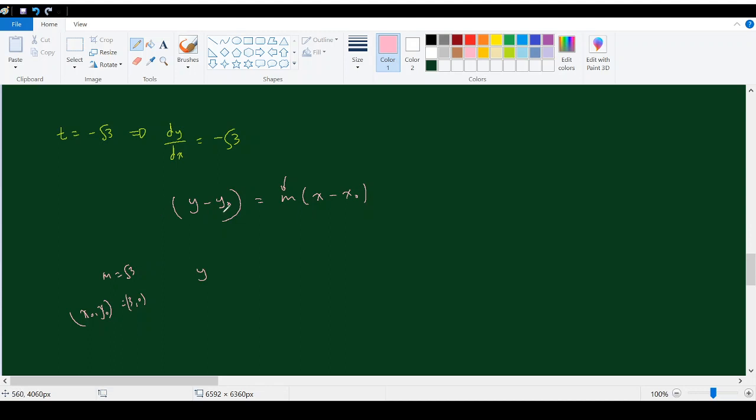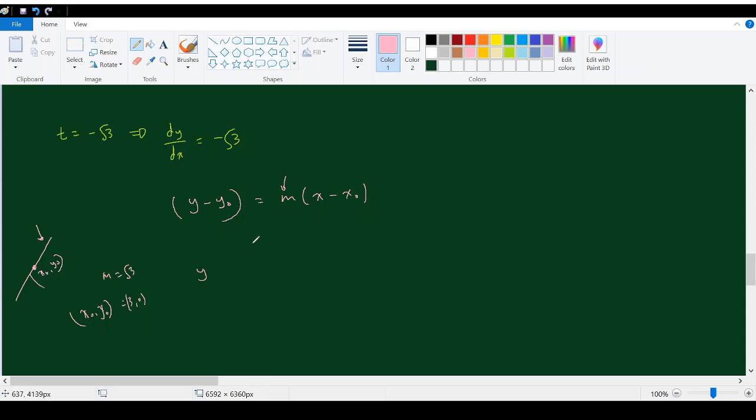And if the point and a slope are given, this is the way that we find the equation of a straight line, right? And remember, the tangent is just a straight line with a certain slope that we find through dy by dx. And since the point is given, we are left with finding the equation of a straight line when a point and a slope are given.